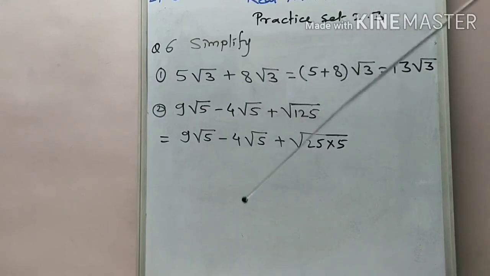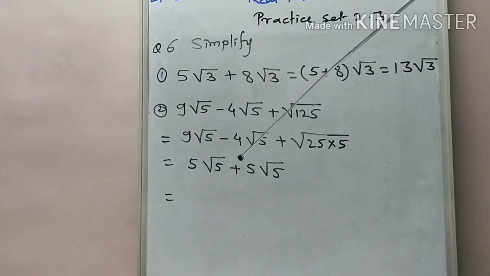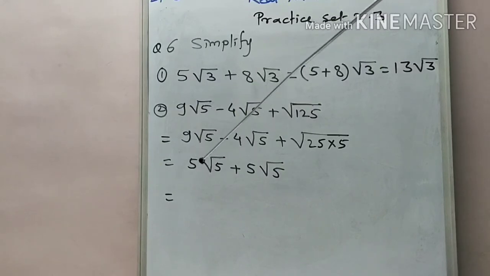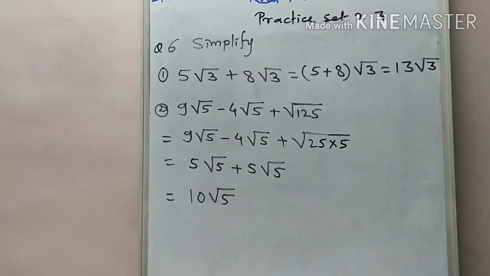And then we simplify it, so you can subtract this part first. 9 root 5 minus 4 root 5 is 5 root 5, at the subtraction of these first two like surds, 9 minus 4, 5 root 5 plus again this square root of 25 is 5, root 5, and hence here we now do addition of these rational numbers 5 plus 5, so answer is 10 root 5.